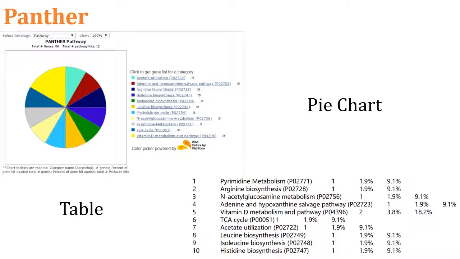As PixStudio and UniProt provided the general biological functions of proteins, Panther overlays the data onto biological pathways. With relatively simple steps, the proteins to be analyzed and their related pathways can be visually displayed through pie charts and tables.